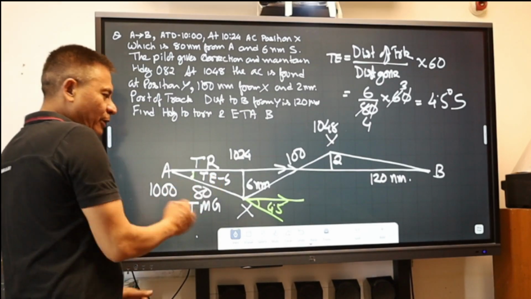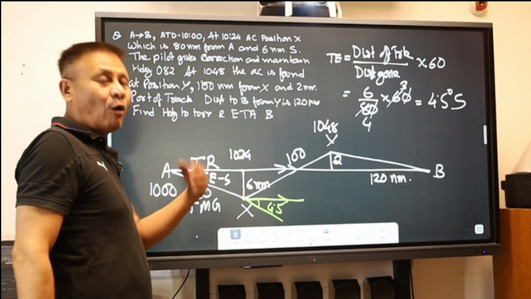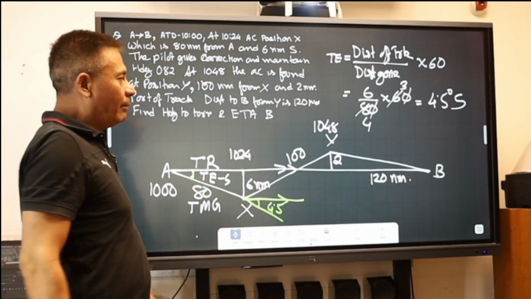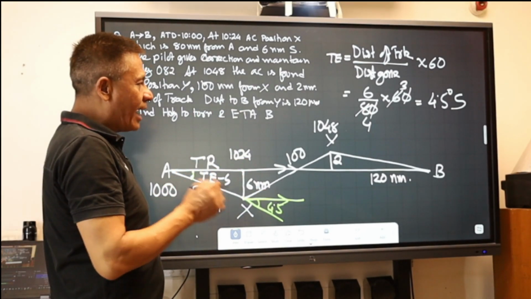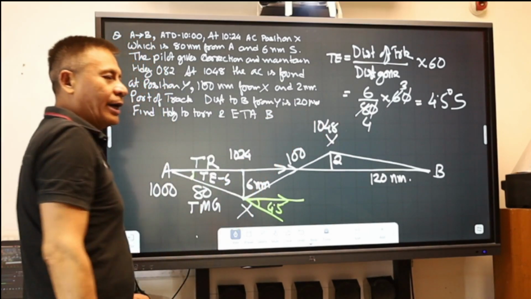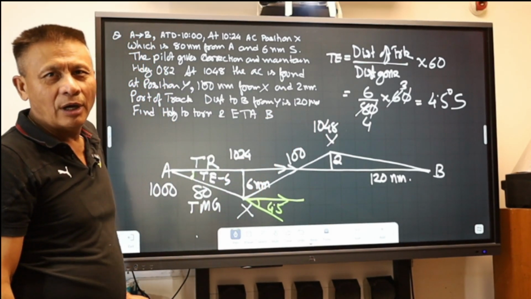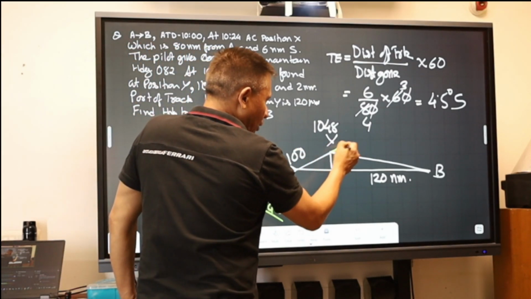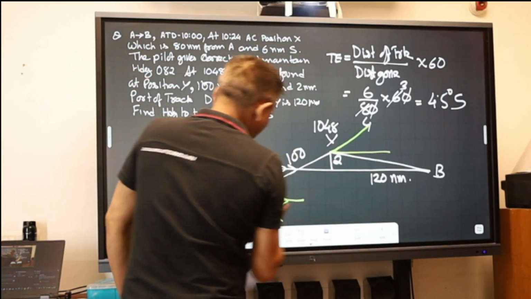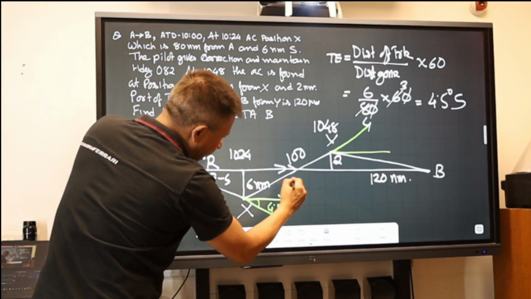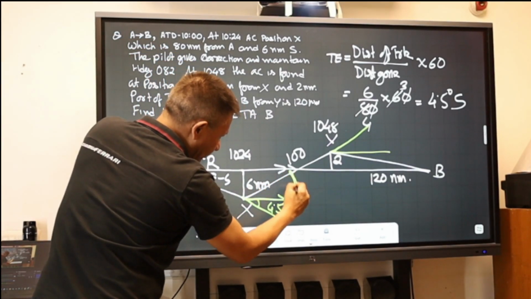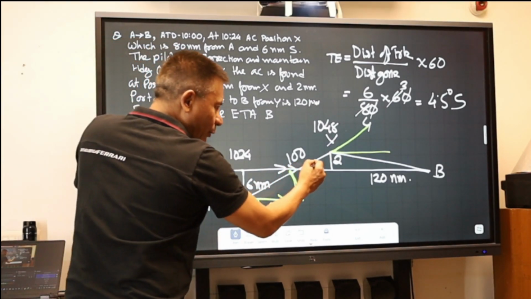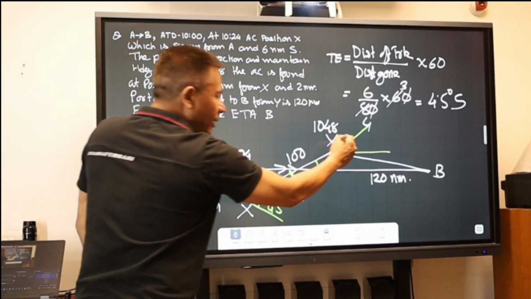Now, at this point of time, the pilot has given some alteration of heading and he finds himself 2 nautical miles to the port of track at time 1048 and at a distance of 100 nautical miles. If I draw a line, this angle will be equal to this angle and it will be this angle.